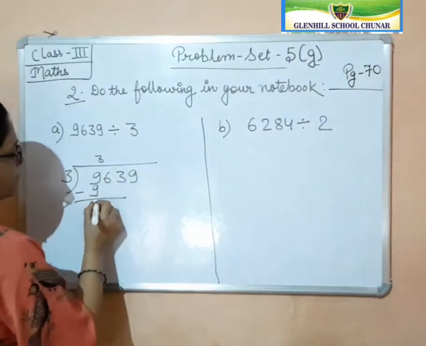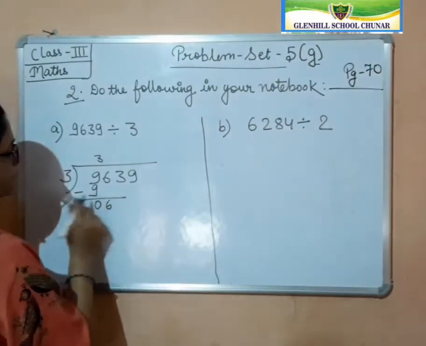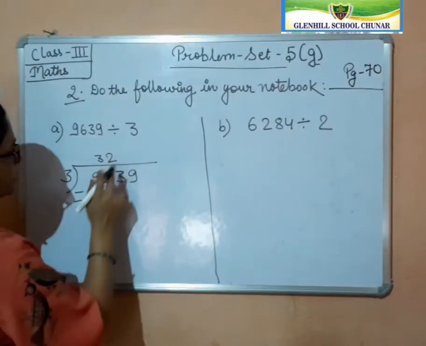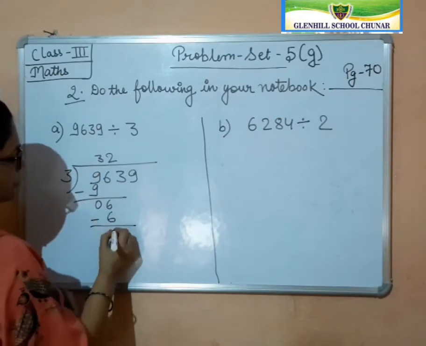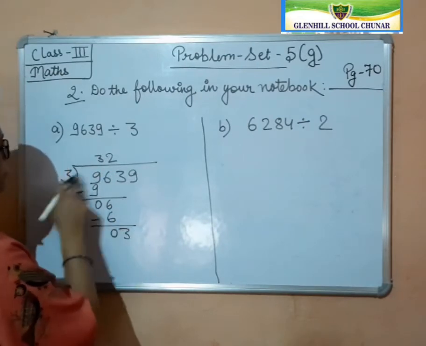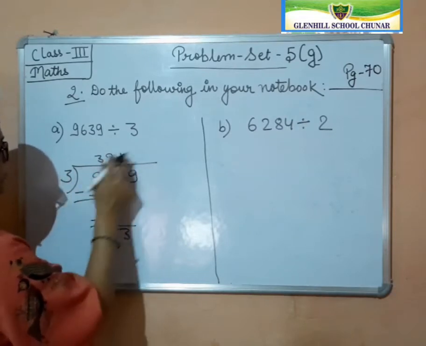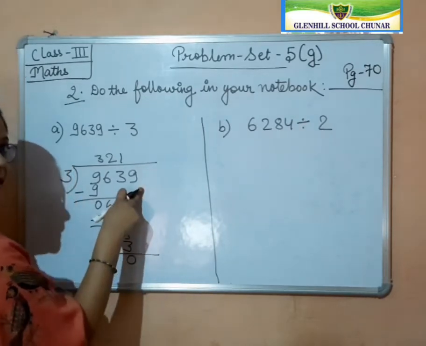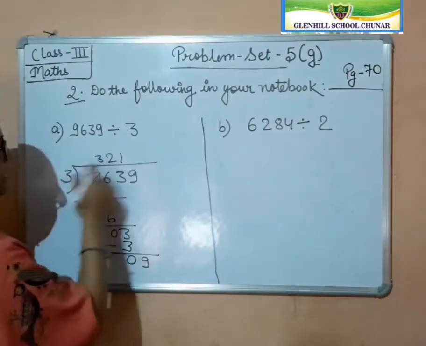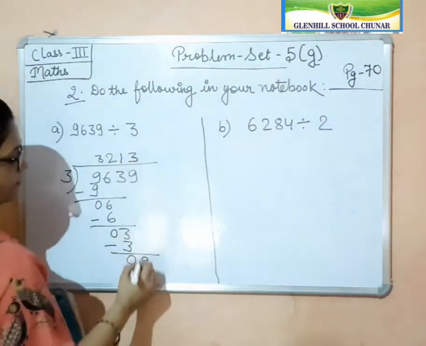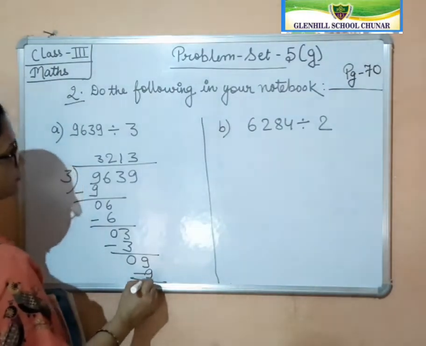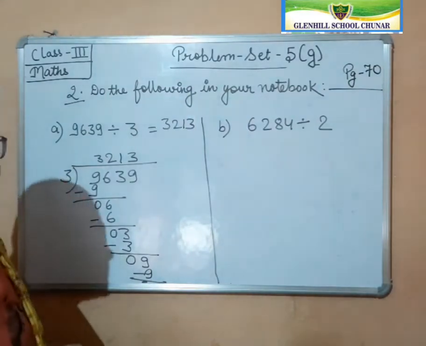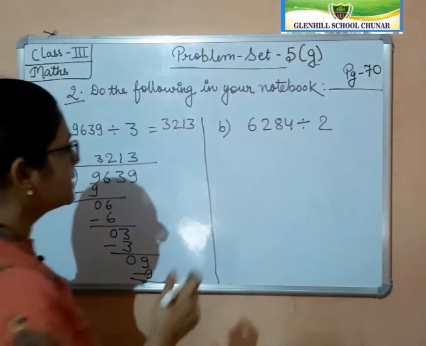Okay, so 9 minus 9 comes 0. Now 6 I have taken here. Now in 3's table, 6 comes in 2 times. So 3 twos are 6. 6 minus 6 is 0. Now 3, in 1 time, 3 ones are 3. Okay, again minus 0. Now 9 left here, so 9 I have taken. In 3's table, 9 comes in 3 times. Okay, 0. So here the answer is 3213. This is the quotient.